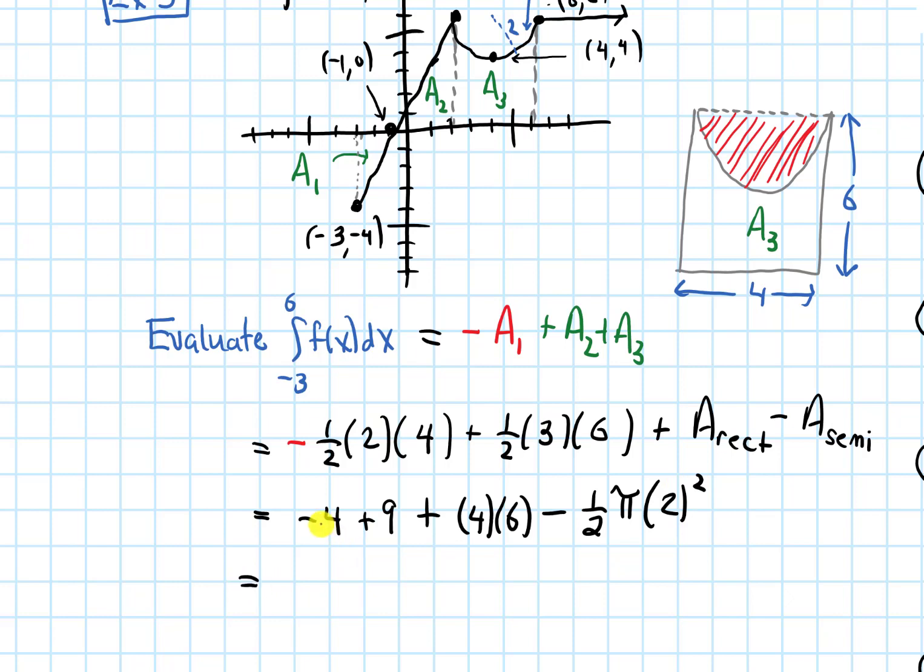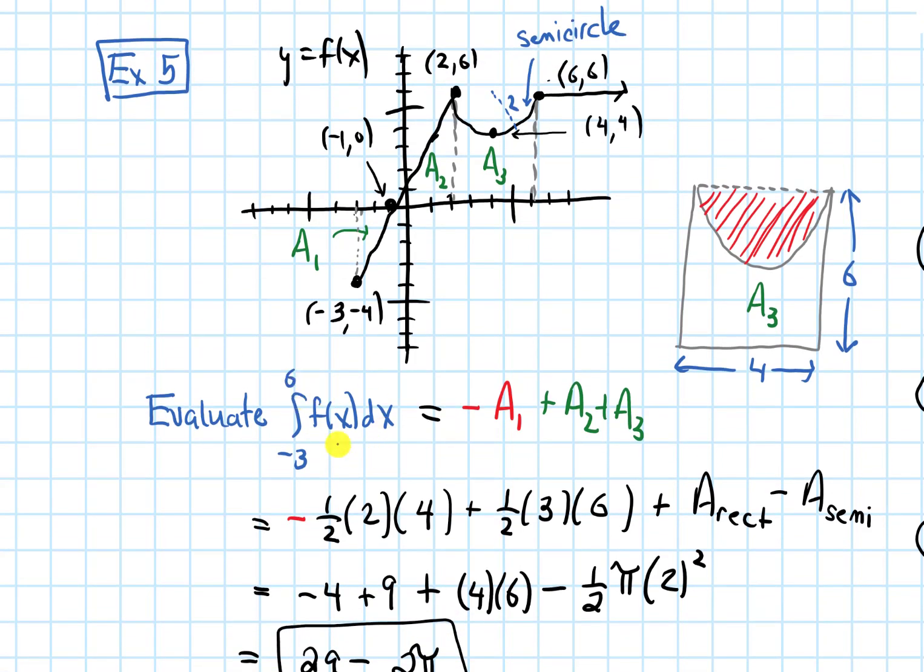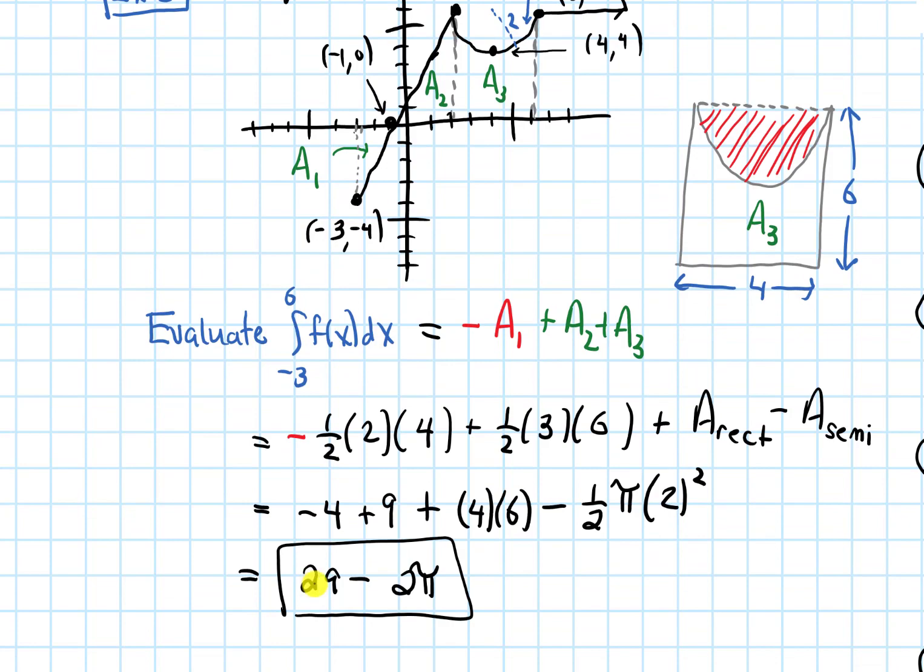Okay, so -4 plus 9 plus 24, that is going to be 27, because it's 5 plus, oh sorry, not 27, it'll be 29. Because it's 5 plus 24, that's going to be 29. And then I'll have minus 2 pi. And that's my answer. So that is what this integral is. As a signed area, it's 29 minus 2 pi.